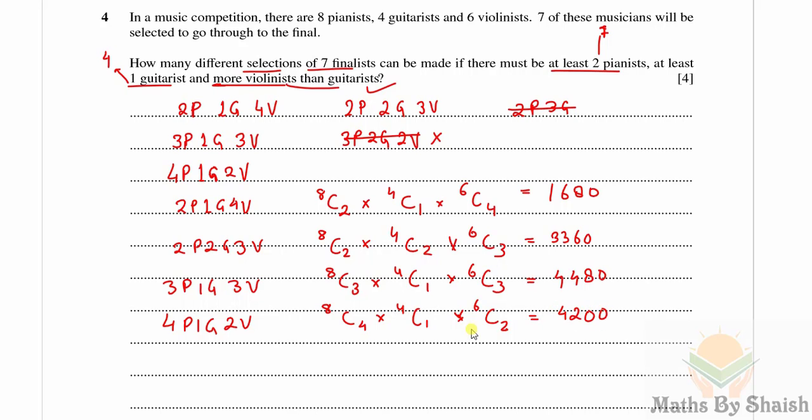So the total number of different selections is the sum: 1680 plus 3360 is 5040, plus 4480 is 9520, plus 4200 is 13,720. So it is going to be 13,720 different selections of 7 finalists.